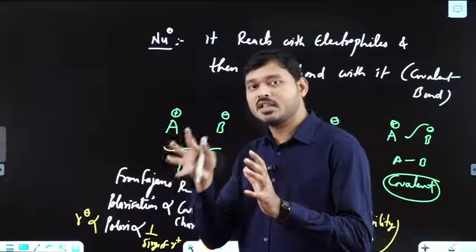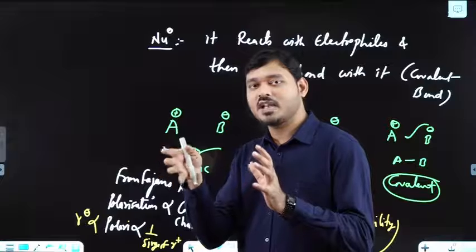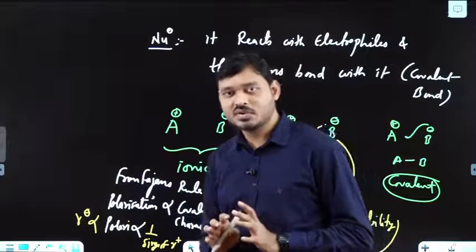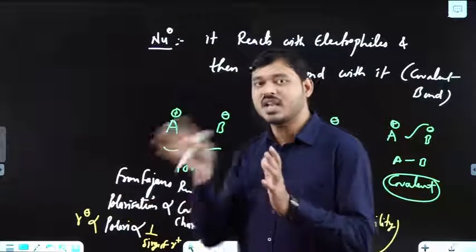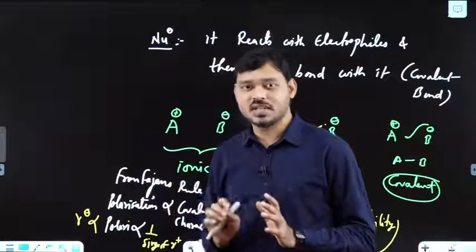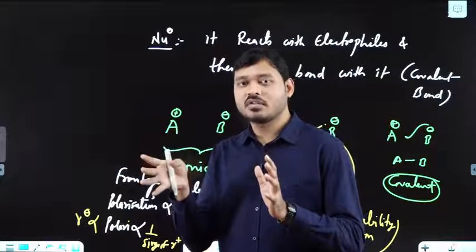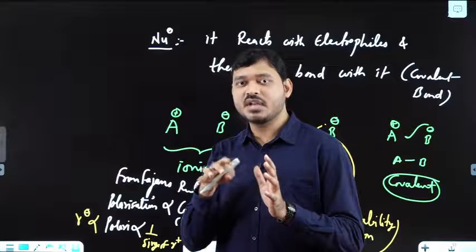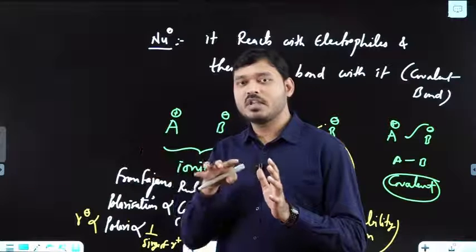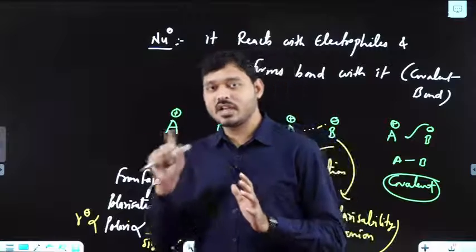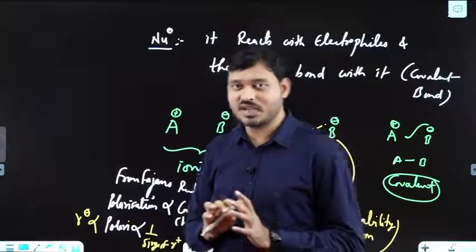So bigger the nucleophile, better will be polarization and better will be covalent nature. Clear to you? So in that way we relate polarization with bigger size of nucleophiles. Generally, bigger the nucleophile, better will be polarization, and hence better covalent nature generated, and hence it will be a better nucleophile. So bigger the nucleophile, better the nucleophile. Clear?